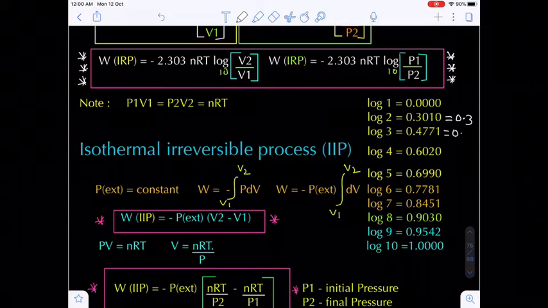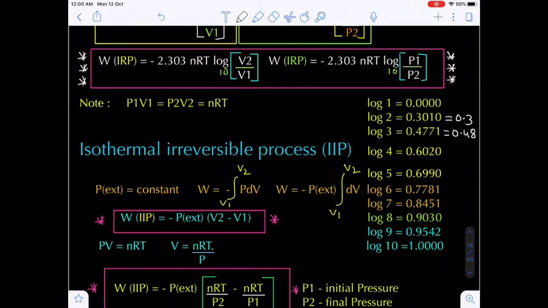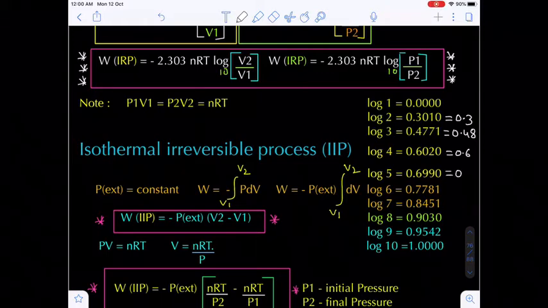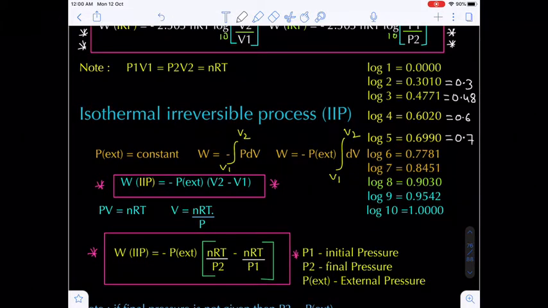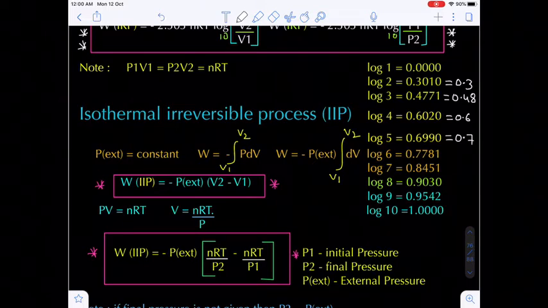Approximately we can consider it as 0.48. Log 4 value is 0.6020 actually, but we can consider it as 0.6. And log 5 value is 0.6990. We can consider it as 0.7. Log 6 is 0.7778, log 7 is 0.8451, log 8 is 0.9030, log 9 is 0.9542, and log 10 value will be 1.